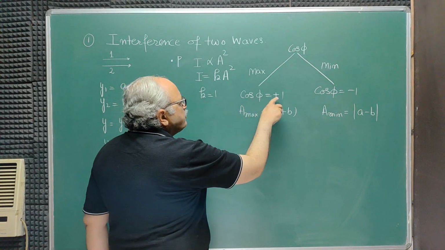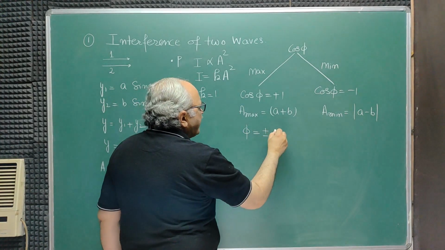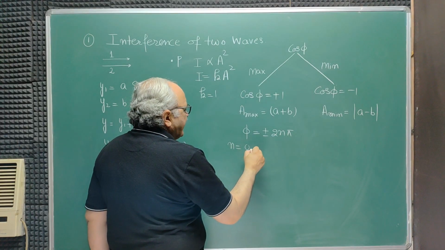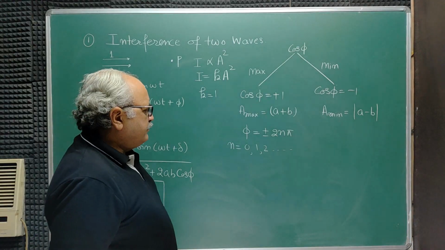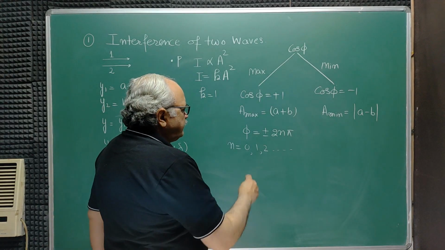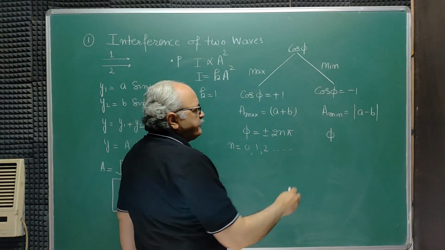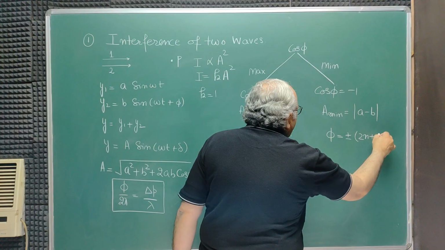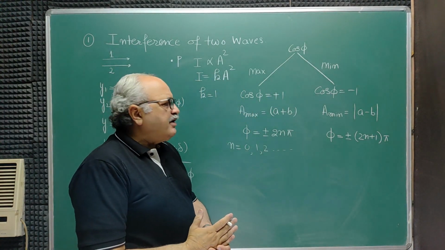For cos phi to be plus 1, the condition is that phi must be plus minus 2n pi, where n is an integer. It can be 0, 1, 2 and so on. Similarly, for the minimum condition, phi is going to be plus minus (2n plus 1) pi, that means an odd multiple of pi.